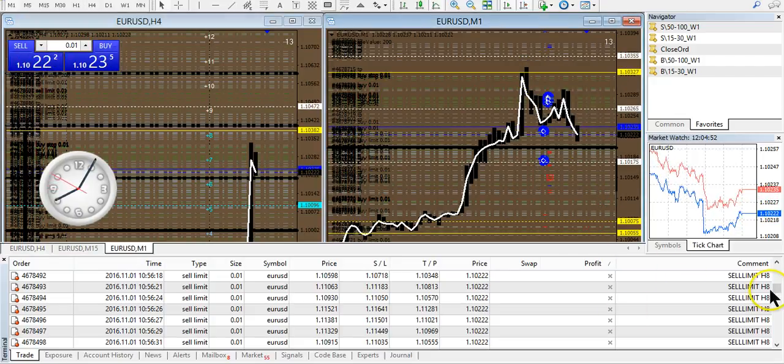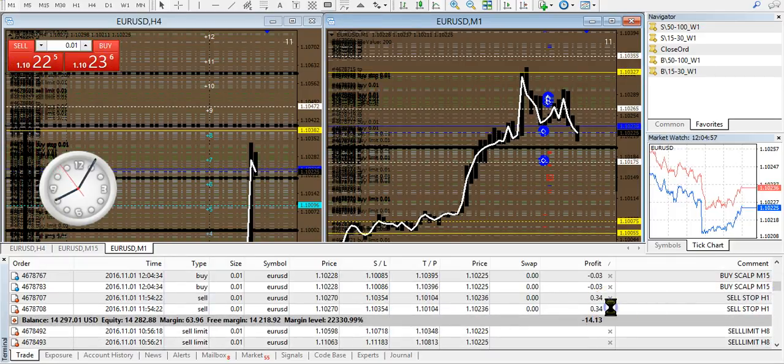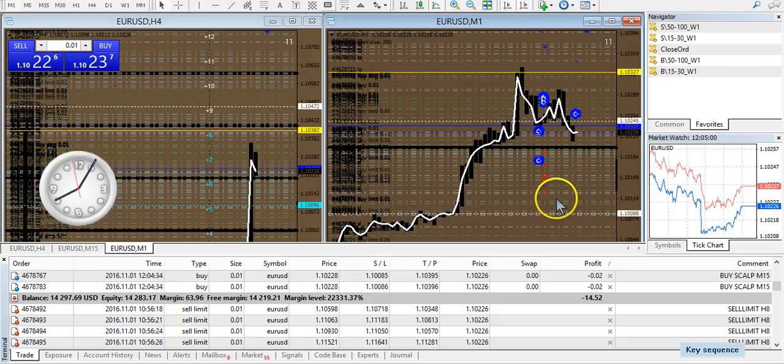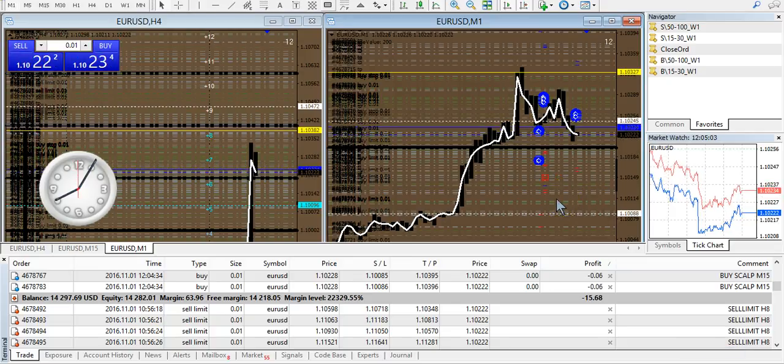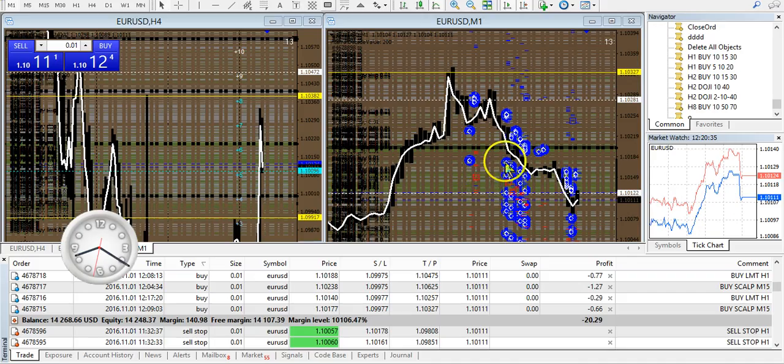Okay, let me get out of the winning sells. And I'll just let the other ones go. I'll put a buy stop here for a scalp. And this will be a long-term trade. I just put 8K in there.